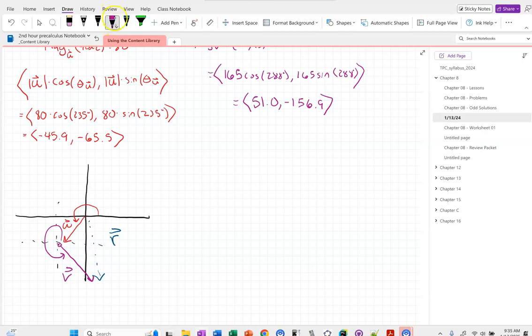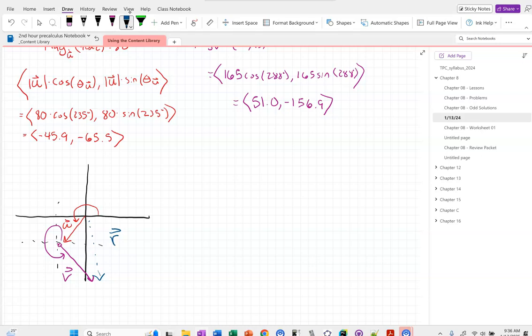So if I know the length of that vector R, that'll be how far the boat is from port. If I know the direction for vector R, I'll know what direction it lies from port. So my next goal is going to be to come up with this vector R.